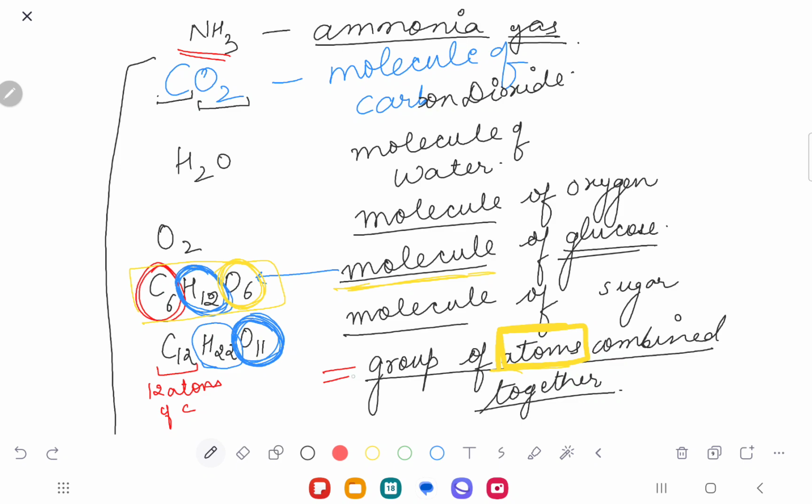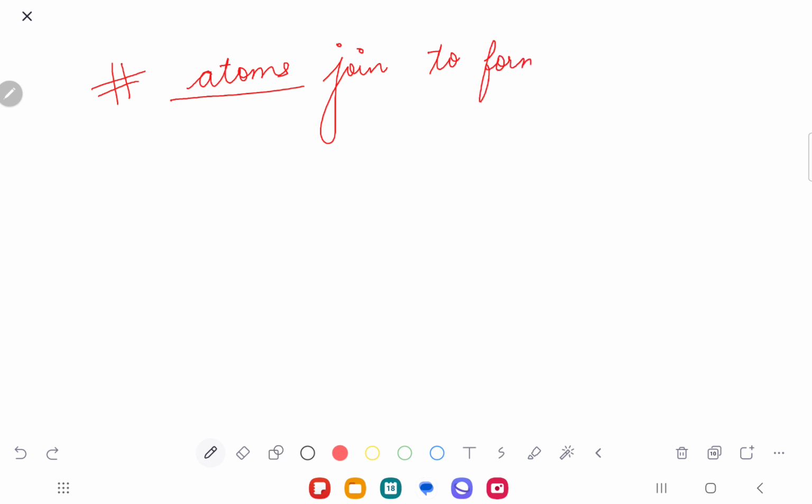Molecules are groups of atoms. Now, I am talking about atoms, right? Atoms join to form molecules.